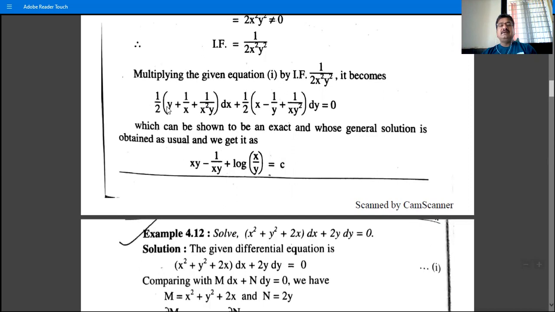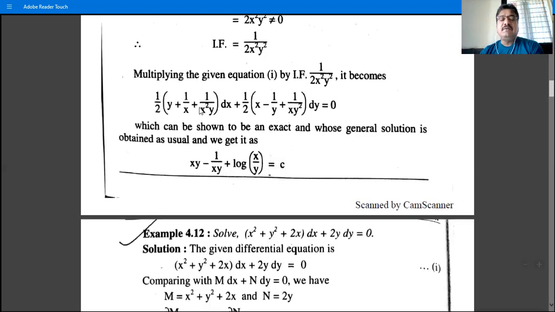So how can we get this answer? 1/2 is constant, integration of y with respect to x is yx. So we have this term 1 by x log x, and 1 by y is now a constant quantity, and the integration of 1 by x square is minus 1 by x, because derivative of 1 by x is minus 1 by x square.